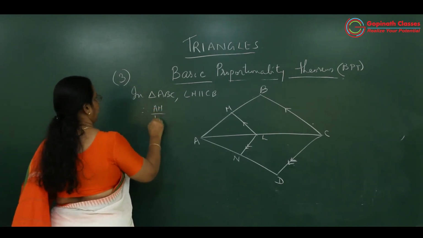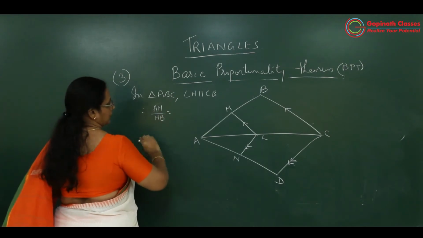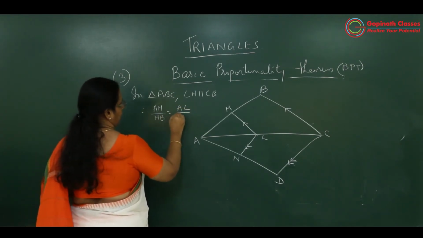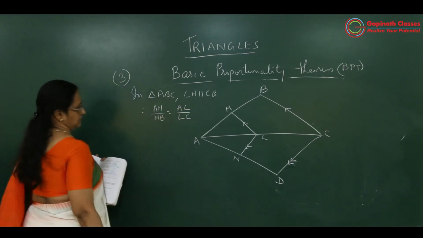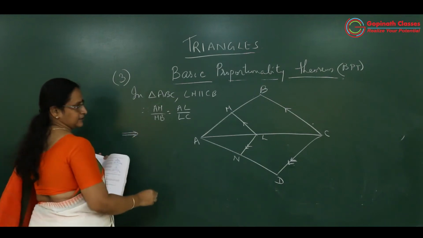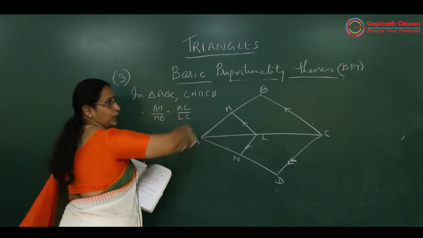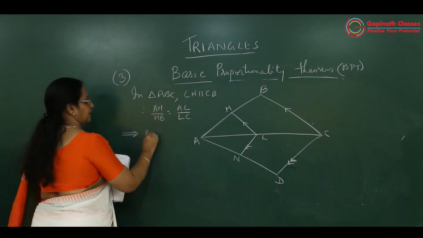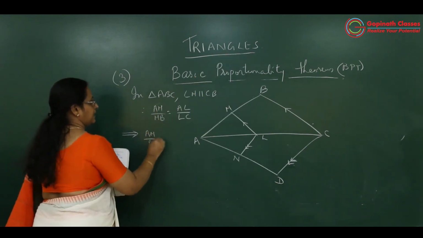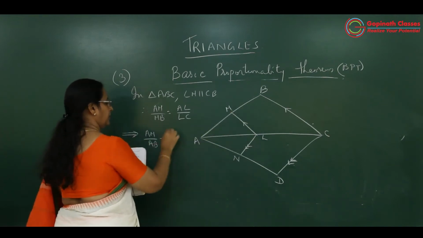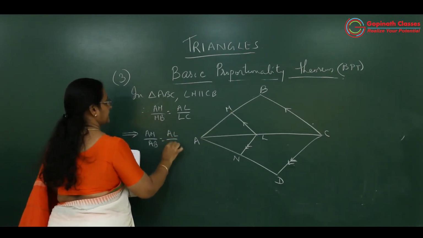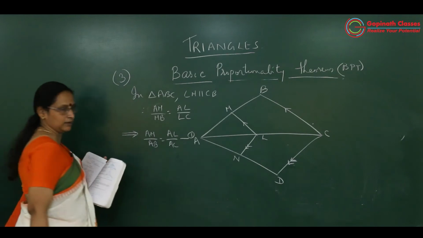AM upon MB is equal to AL upon LC. That implies, you can write the result. Because we need AM upon AB in the question, we can write that implies AM upon AB is equal to AL upon AC. Put it as statement number 1.